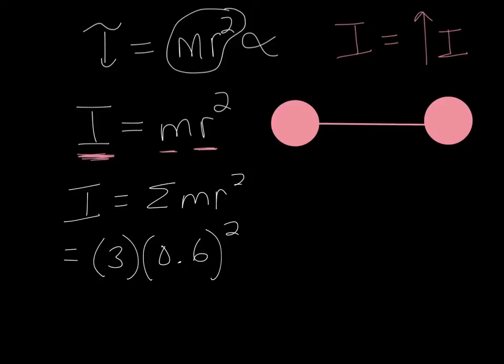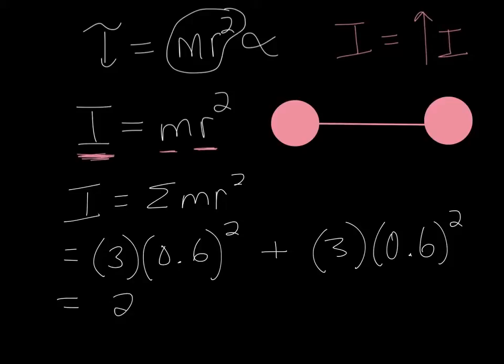And then I add that to the other mass and its location, which would be the same from the center. So we'd have this. And what I'd find is that I would get 2.16 kilogram meter squared. All right, and that would be the moment of inertia for that object.